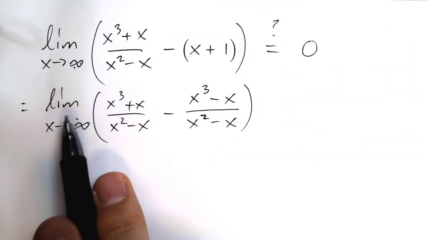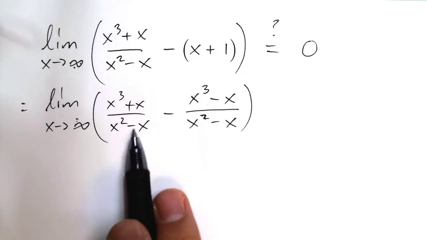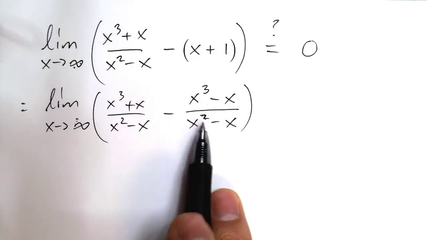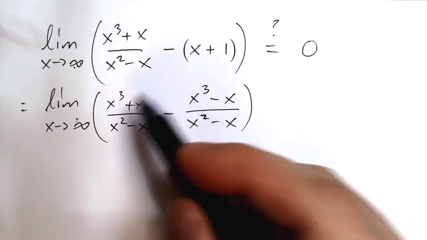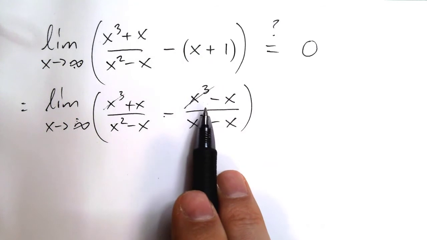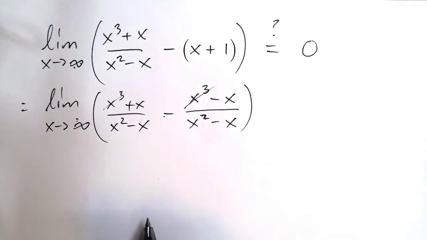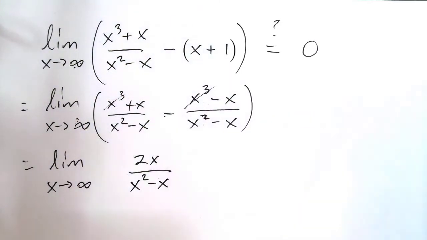So this limit's the same as this limit. But now we can combine these fractions, right? Because they have a common denominator. Okay, so when I combine them, I get x cubed minus x cubed, so those cancel off. And I have x minus negative x, right? So that is 2x. Oh, so that's just equal to this.